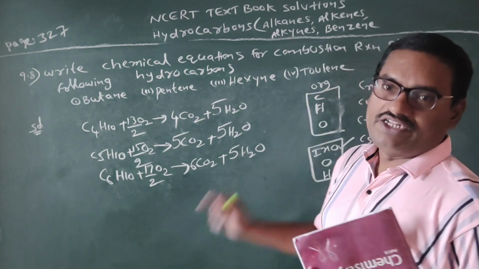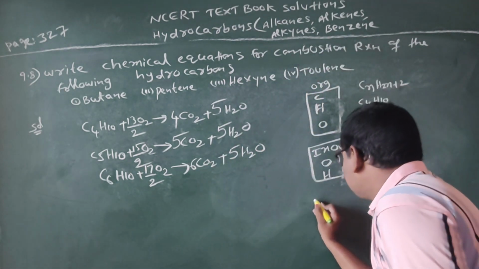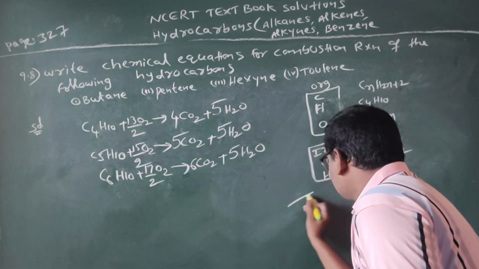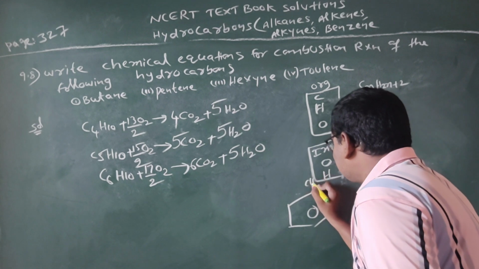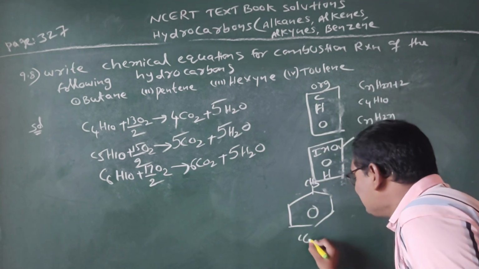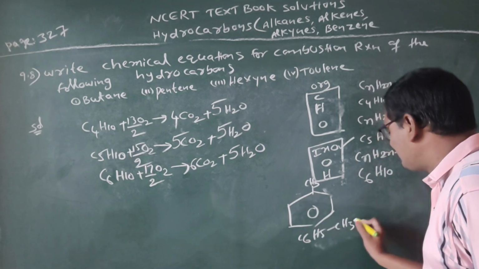Last one, toluene. Toluene means methyl benzene. Methyl benzene means benzene with CH3, so the formula is C6H5CH3.